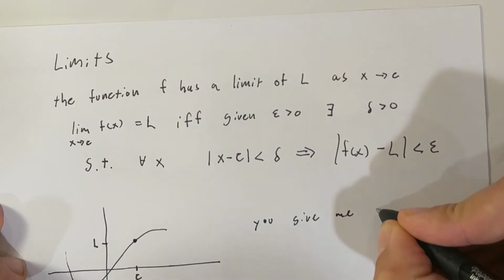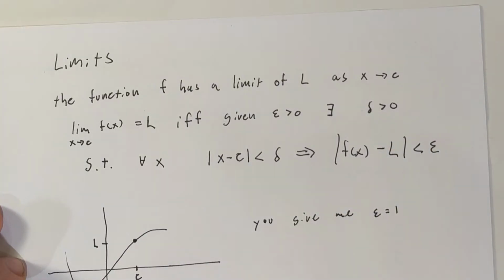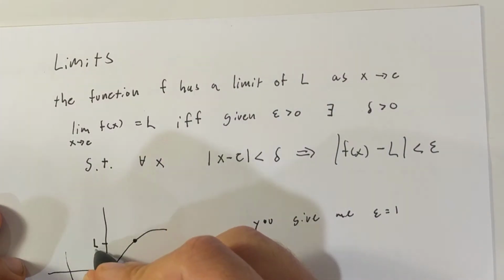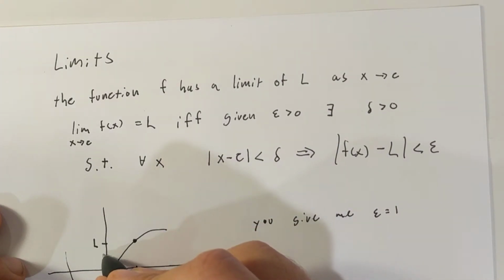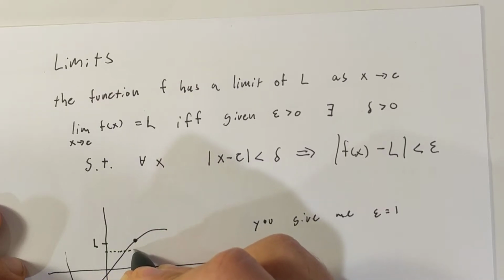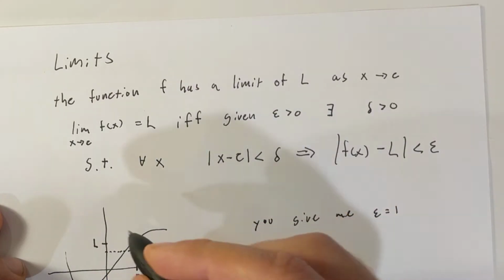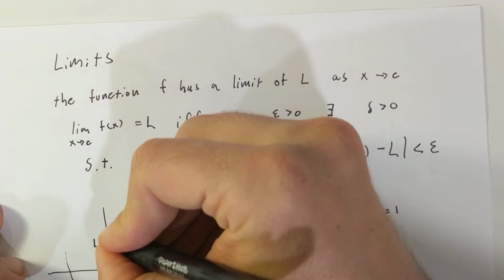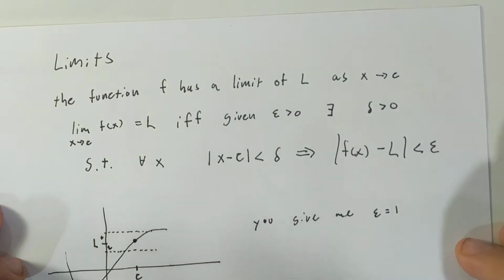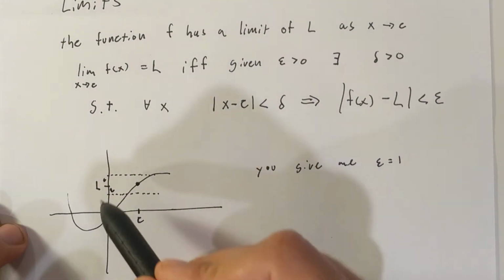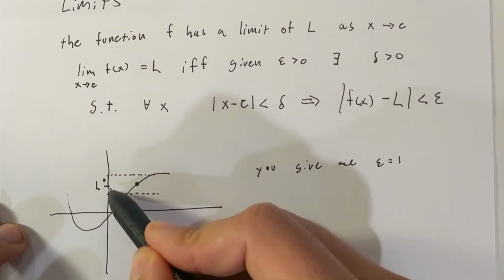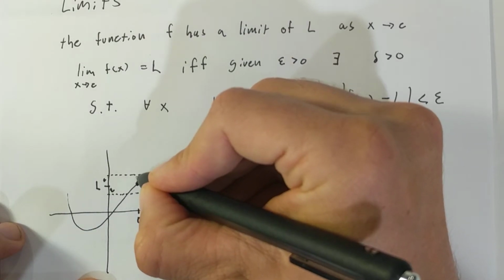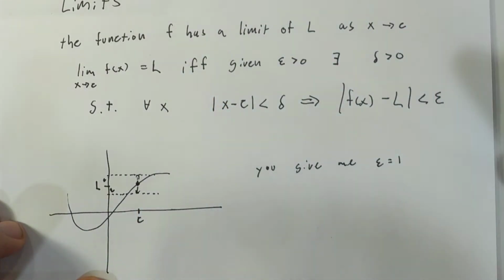Well, this is true if, when you give me an epsilon, let's say epsilon equals 1, that means this right here is 1 less than the limit, and this up here would be 1 greater than the limit. So this distance right here is epsilon. We've got epsilon on the top and epsilon on the bottom, so epsilon up and down, that's the distance.